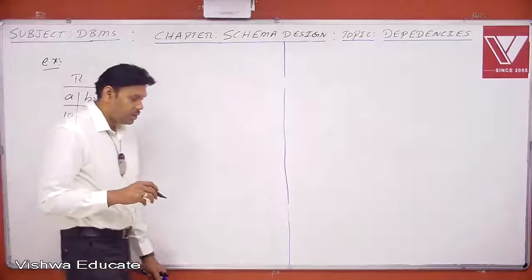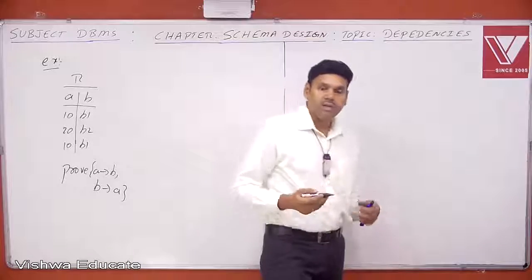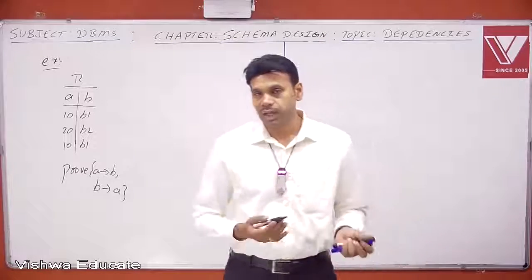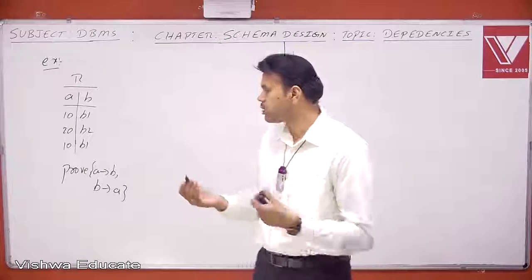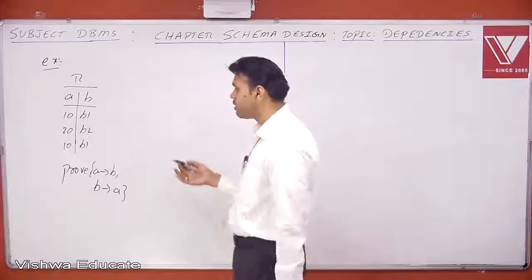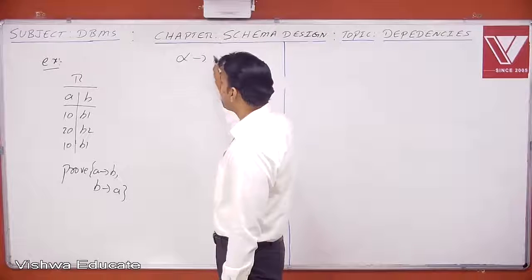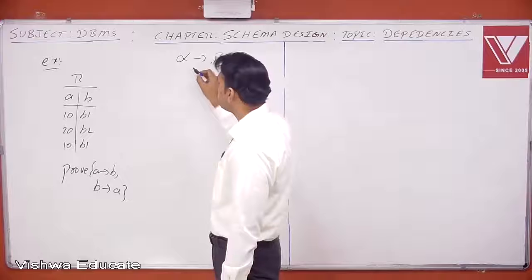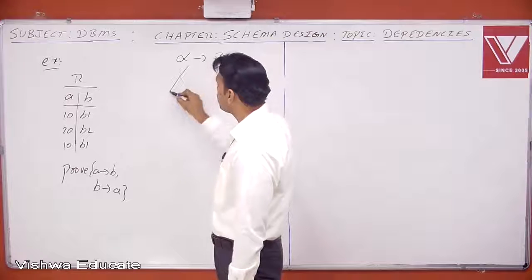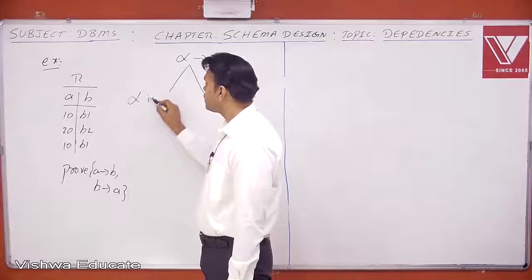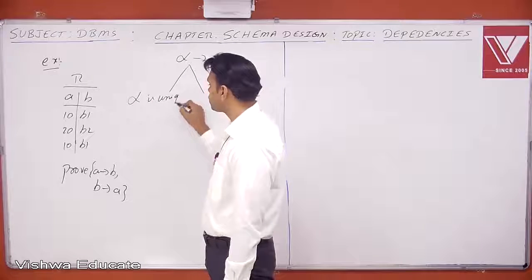Instead of the definition, I will give you a flow chart so that you can understand better. What is the flow chart to prove functional dependency? In general, to prove alpha tends to beta, you have to check whether alpha is unique.